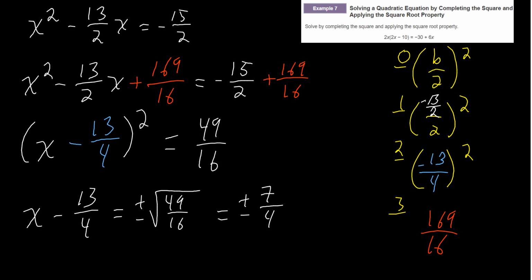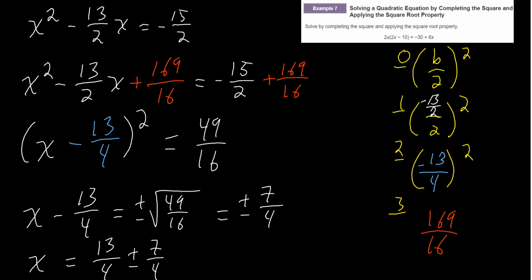So plus or minus 7/4. And then of course we're going to add 13/4 to both sides. So we're going to say x is equal to 13/4 plus or minus 7/4.